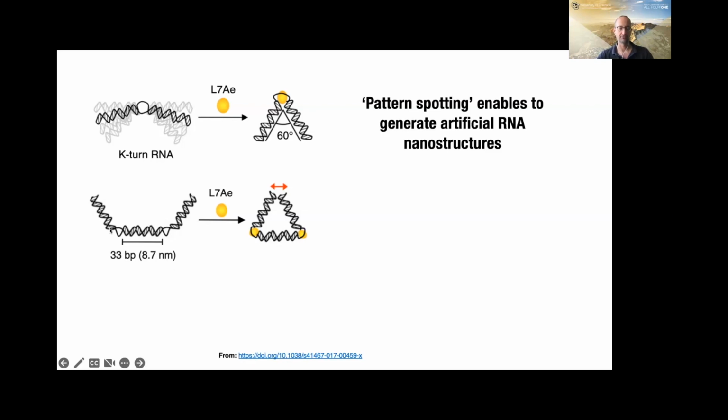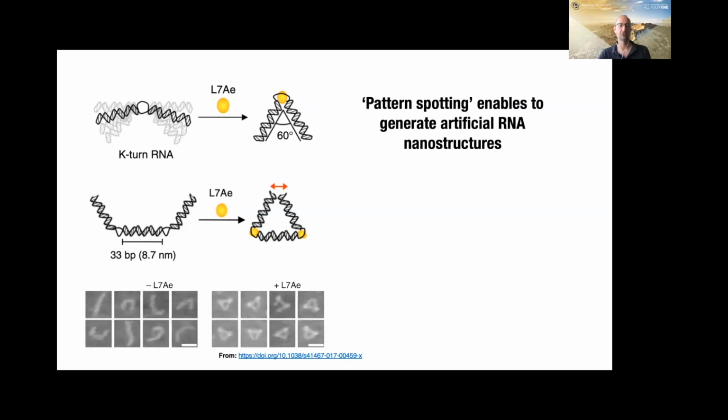And I put the reference down there, people have done that with these 3 stems. So putting 2 kink turns, right? And then 3 longer stems of 33 base pairs that they can measure by some form of microscopy. And then upon addition of the protein, we should be able to form this triangular shape. And this is in fact what they see.